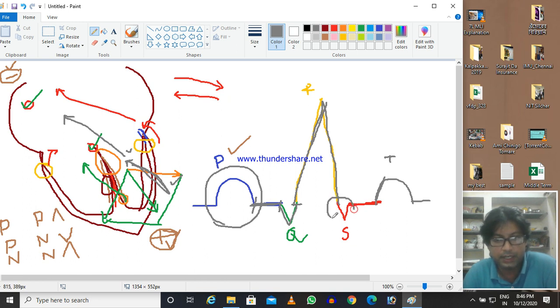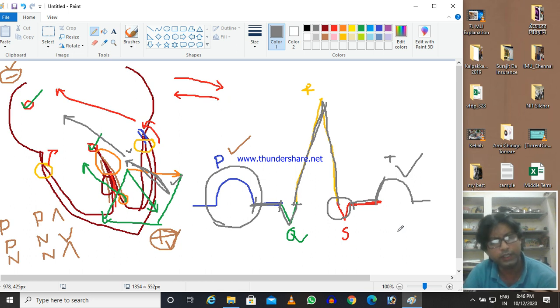Then the depolarization of the basal ventricle muscle. Then there is a plateau phase, and then there is the repolarization of the ventricle.